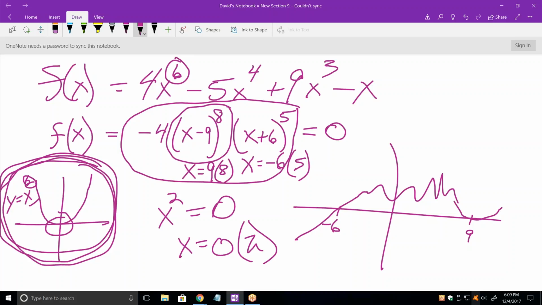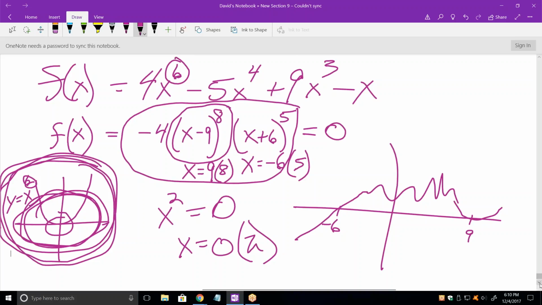And if I look at the graph over here, it's not going through the x-axis. It is kissing it, bouncing off. Or as they put it, it is tangent to the x-axis. That's the correct terminology from a calculus point of view. What else you got?